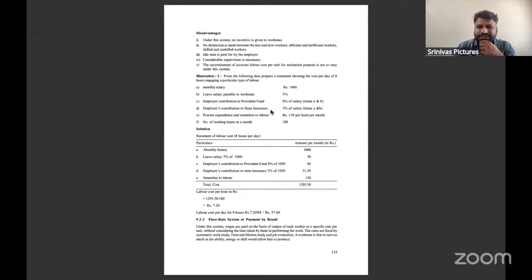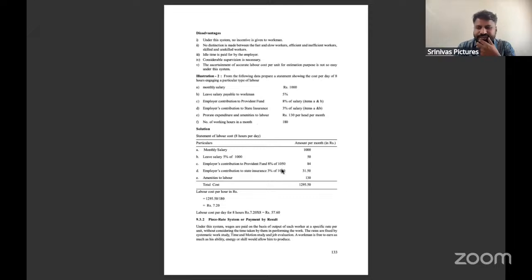Employer contribution to state insurance is 3%, and pro rata expenditure on amenities for two laborers is 130 per head per month, and the number of working hours in the month is 180. What they are asking is to prepare the statement showing the cost per day for 8 hours engaging the particular type of labor.